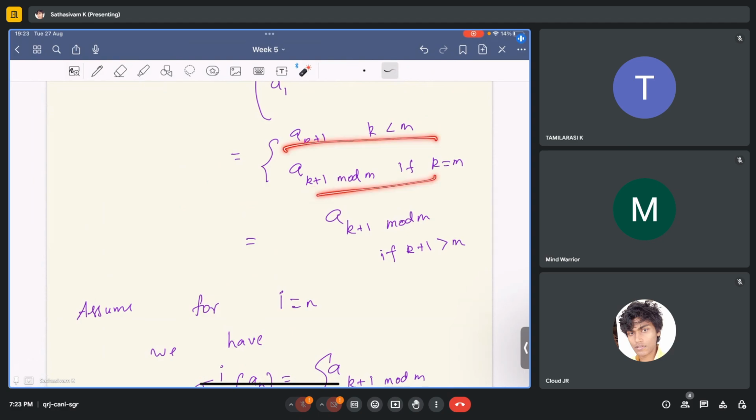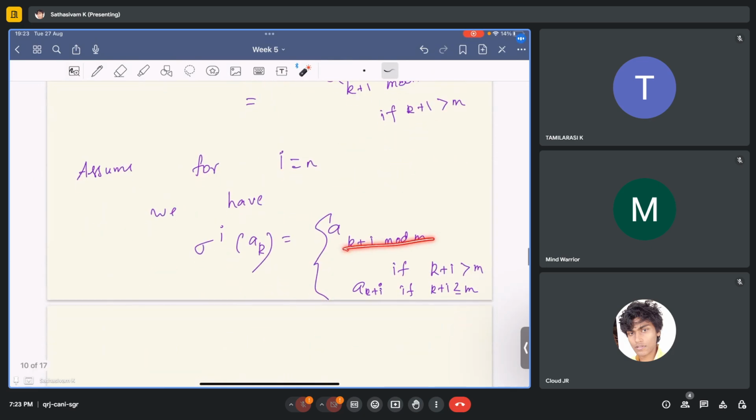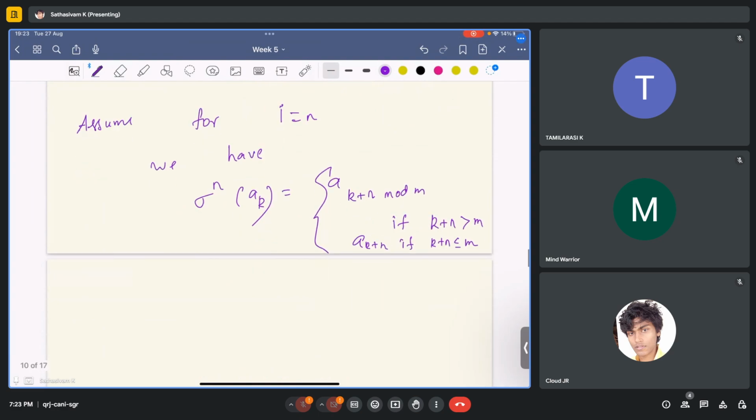Sorry, base step here. For the induction hypothesis also, we assume this for n. Sorry, sigma power n, right? It's not I, this is n. So these two we have.